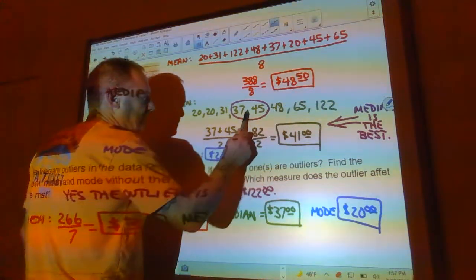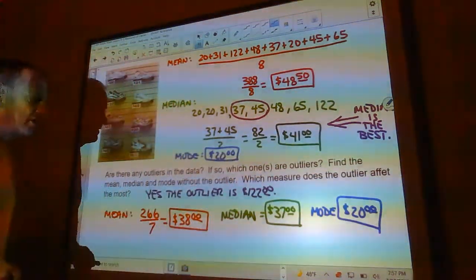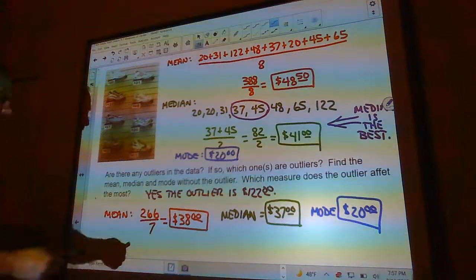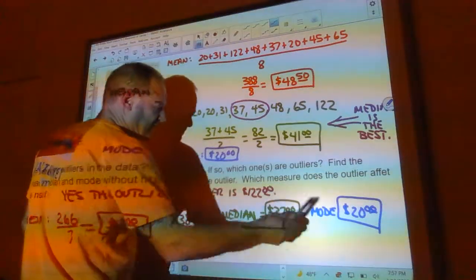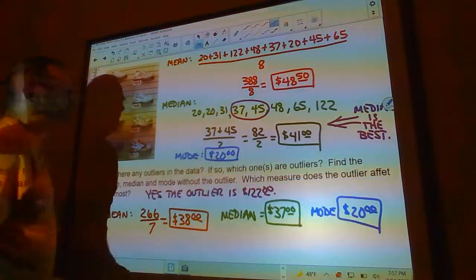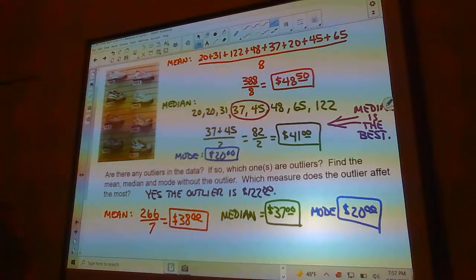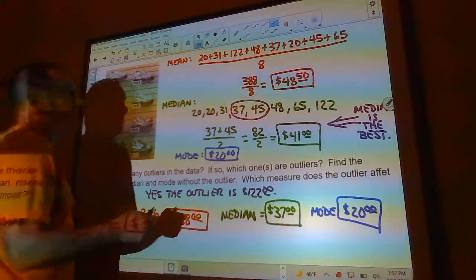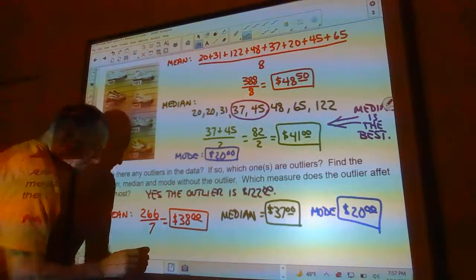So this is a much better representation of the data without the $122 shoe. Okay. Which one does it affect the most? It definitely affects the mean the most.